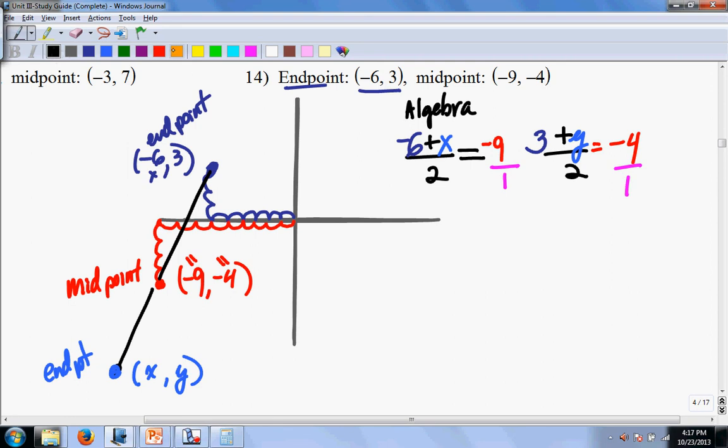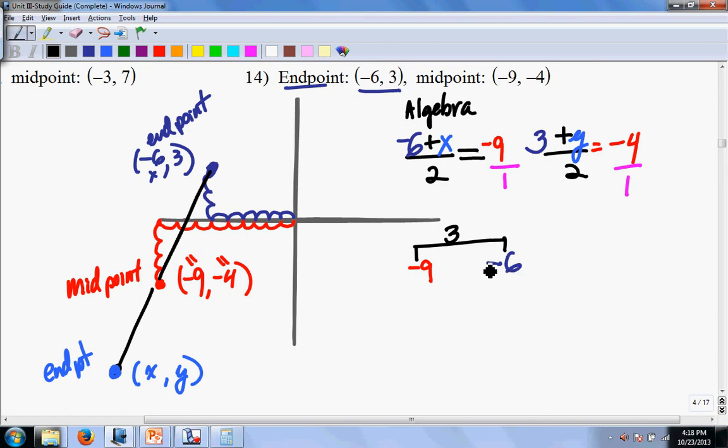Another way, logically, you can do this is if we go from -6 to -9. Let me just do my x-coordinates. I'm moving from -6 to -9, and you ask yourself what that distance is. We know the distance is 3 units.